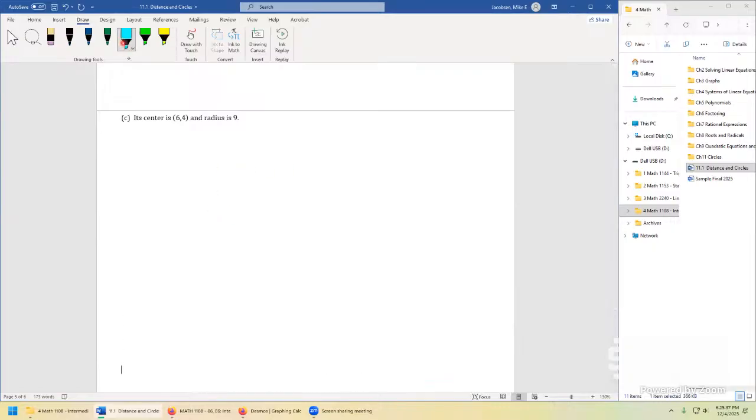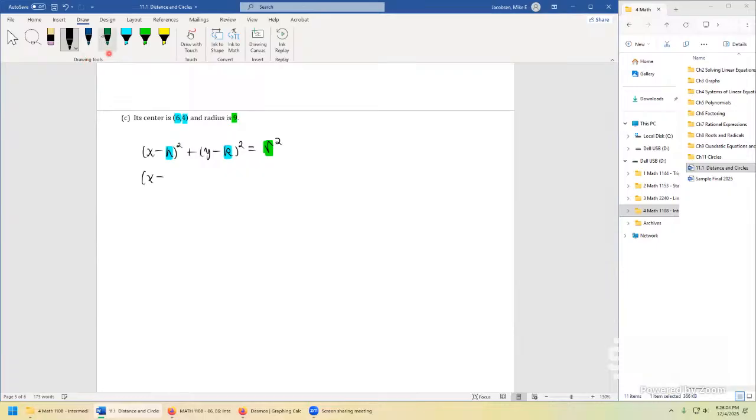So this one has center 6, 4, radius 9. So writing down the equation of the circle, this will be x minus h squared plus y minus k squared equals radius squared. Our h and k values are the 6, 4 given. The value for radius is the 9, so we'll have to square that.